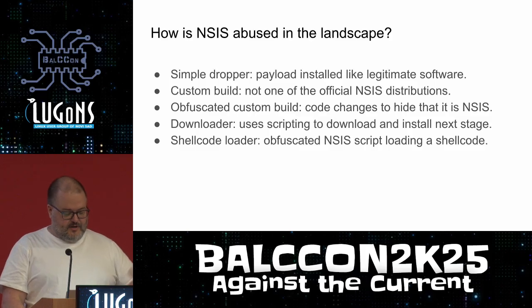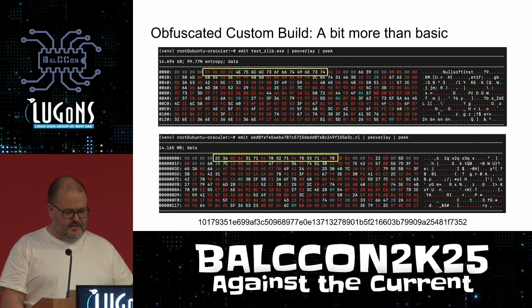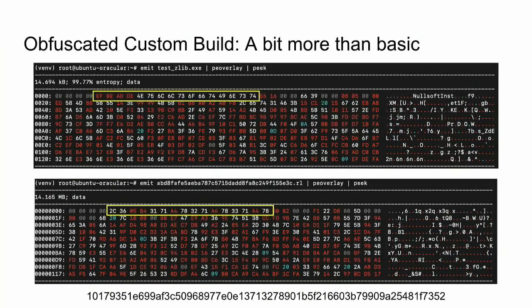And then you have the shellcode loader. So this is like the most advanced type. This is GuLoader, and we'll see that. So this is an obfuscated custom build. On top, you can see one of my test files. And then down here, I believe this is a Chinese APT or Chinese related. I think you shared this one. This is the one that you pointed out to me a long time ago. But yeah, it's China themed.